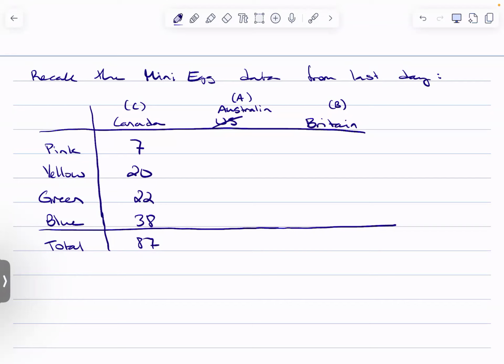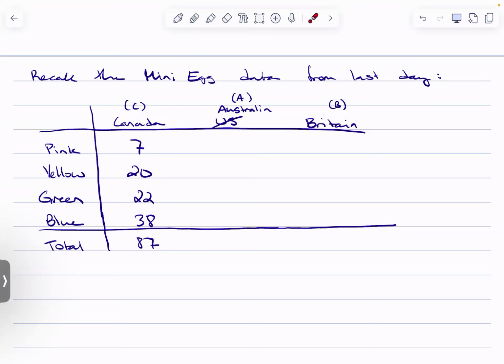Let's pretend we did the same thing in Australia. What numbers? Let's kind of push the limits, right? What do I mean by pushing the limits? I want to see how far from these counts.